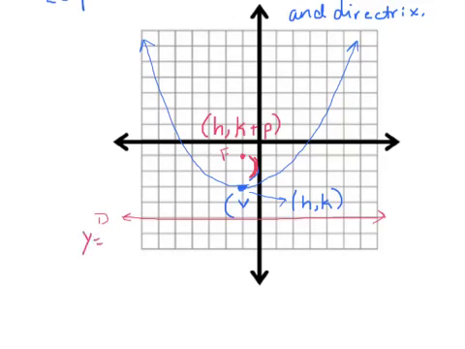Remember, we're starting at (h, k) and we're counting down p units, so k minus p. Okay, we also have an axis of symmetry, and our axis of symmetry is a vertical line which goes through the vertex. So my axis of symmetry goes through the vertex at x equals h.